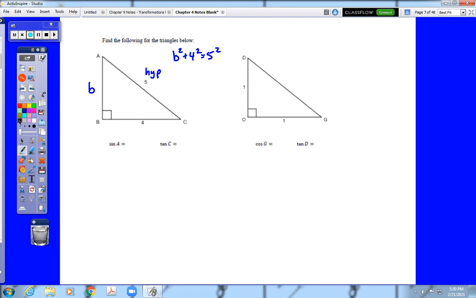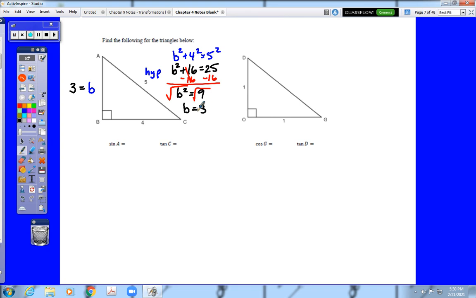So we solve that equation for B. B squared plus 16 equals 25. Subtract 16 from each side, which gives us B squared equals 9. Then to get B by itself, we take the square root, which means that this side is 3 units, because B equals 3.